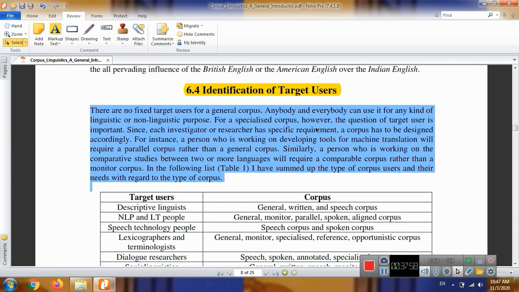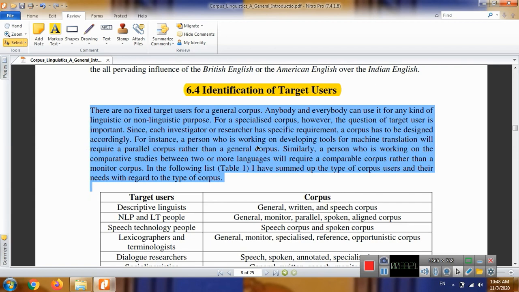For a specialist corpus, however, the question of target user is important. Since each investigator or researcher has specific requirements, a corpus has to be designed accordingly.